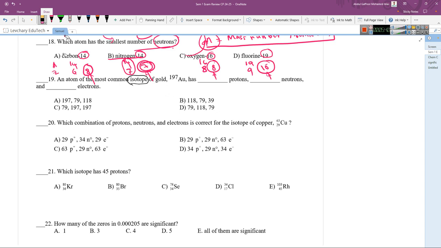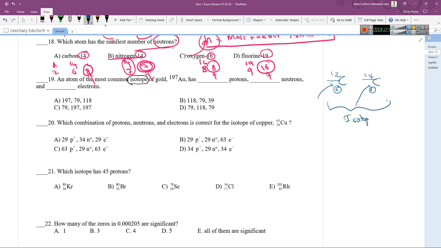For example, carbon 12, carbon 14. Here the atom is carbon in both situations, the atomic number will not change, but for the same atom the mass number may be different. So these are called isotopes.